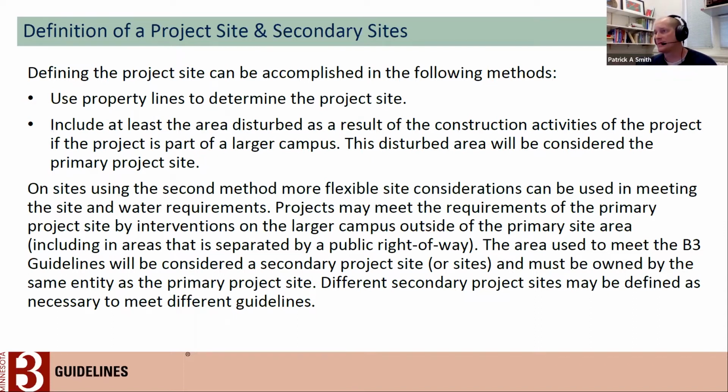But we understand that several B3 projects are on a larger campus or on a larger plot of land that they're not disturbing to the extent of the property boundaries, and it doesn't make sense to score them relative to the overall project site if what they are engaging with is a much smaller area. So the second way to establish the project site is to include at least the area disturbed as a result of the construction activities of the project.